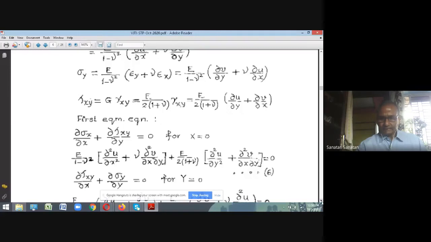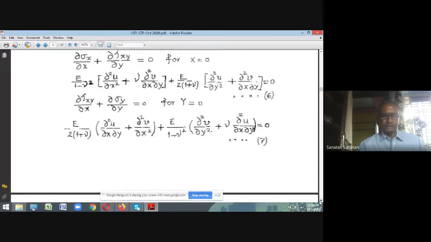Similarly, consider the second equilibrium equation. When I substitute the values of sigma x and sigma y in terms of displacements and simplify, I get the second equilibrium equation converted to E by 2 into 1 plus mu, delta 2u delta x delta y plus delta 2v delta x square, plus E by 1 minus mu square, delta 2v delta y square plus mu times delta 2u delta x delta y, equal to 0.